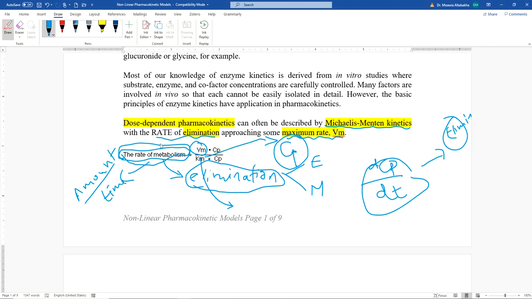The rate of metabolism should be half the maximum rate. If Cp is the same as Km, what is Km? Km is the concentration at which the rate of metabolism is half the maximum rate, but it's constant. Now, if my real concentration is equal to that one, then the rate of metabolism will be half the maximum rate. Now look here, let's see how that is.